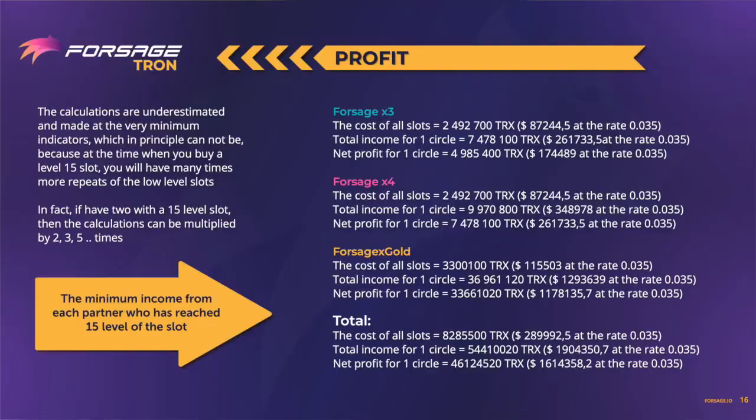If we add up the income of one circle of all slots of all programs and subtract the cost of all slots, we get a net profit for one circle 46,124,520 TRX. It is $1,614,358 at the rate 0.035. This is not a poor profit.